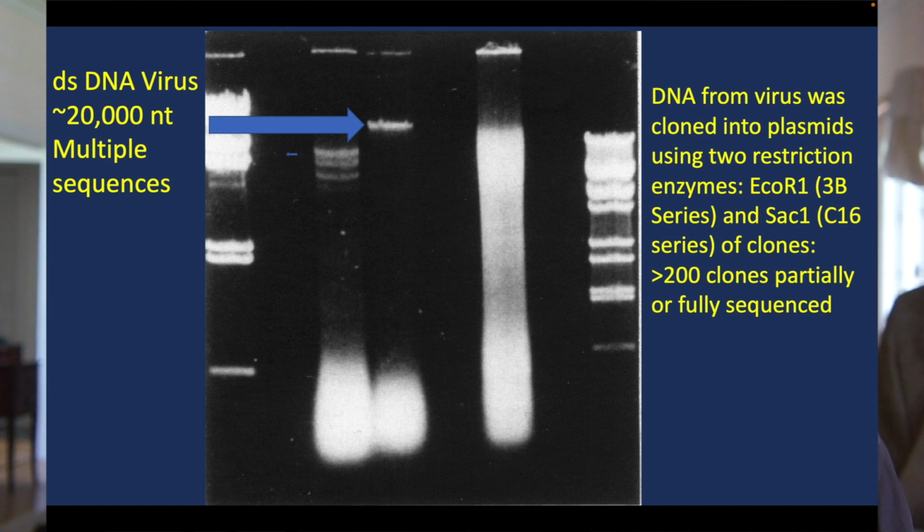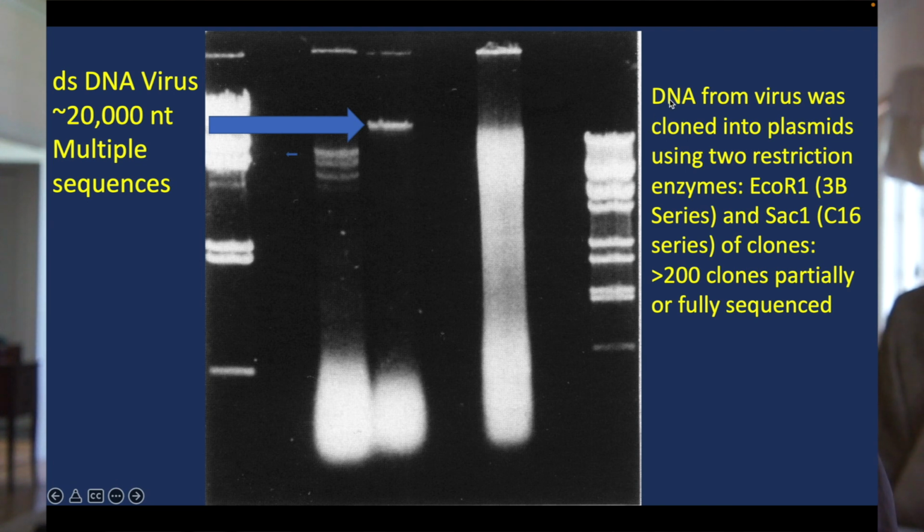This shows that we could identify and isolate DNA from the positive viral culture and show it in an agarose gel, and the distance the DNA migrated down showed that the DNA had a size of approximately 20,000 nucleotides, but we also know there are multiple segments or multiple sequences in this band.